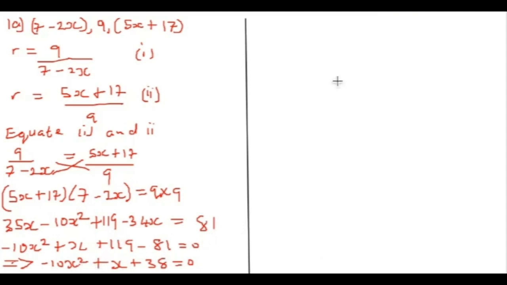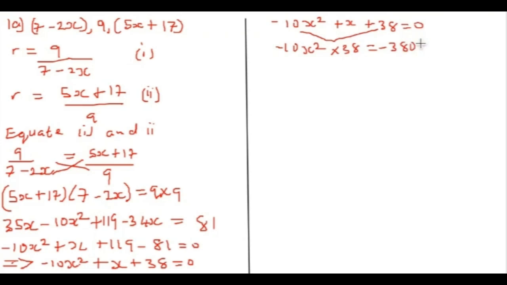We should be able to factorize it. The rule for factorizing a quadratic equation is that we look for factors. We have minus 10x squared plus x plus 38 equals 0. So when we multiply the first term and the last term, we get minus 380x squared.